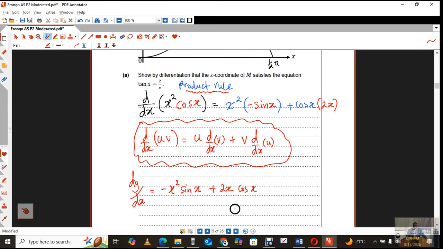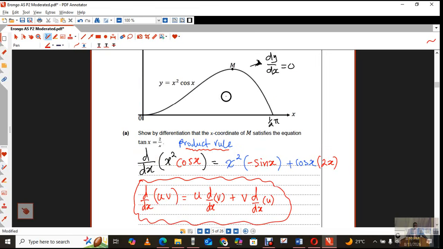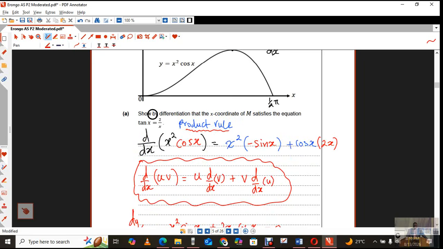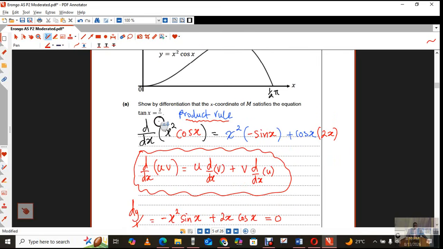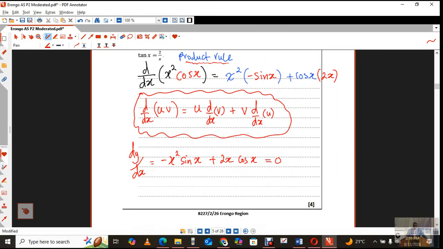It simply looks slightly better. I'm going to let it equal 0 because of the turning point, and that is what we are now looking for. Remember, when you derive something and the derivative is equal to 0, you find the x value, and that is what we are interested in: the x value that satisfies this equation. So that is what we need to establish over here.